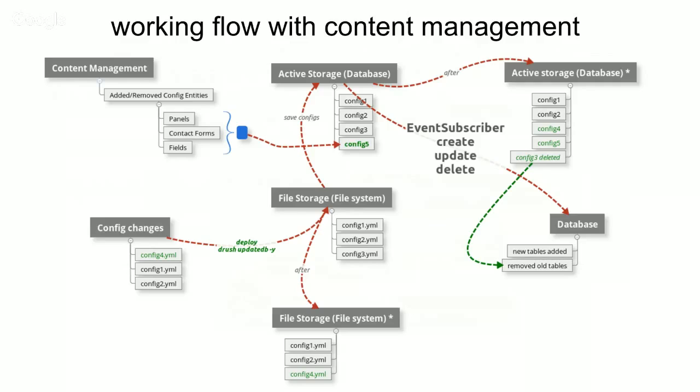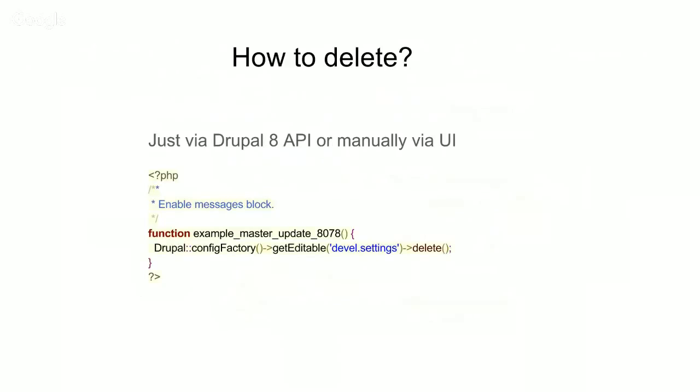Then active storage is exported to the temp directory, and inside active storage you can see the config file that was created by the content manager. That config is exported to the temp directory, and during the import config 5 stays in the database and nothing is deleted. But config 3 is deleted through your request via this example.